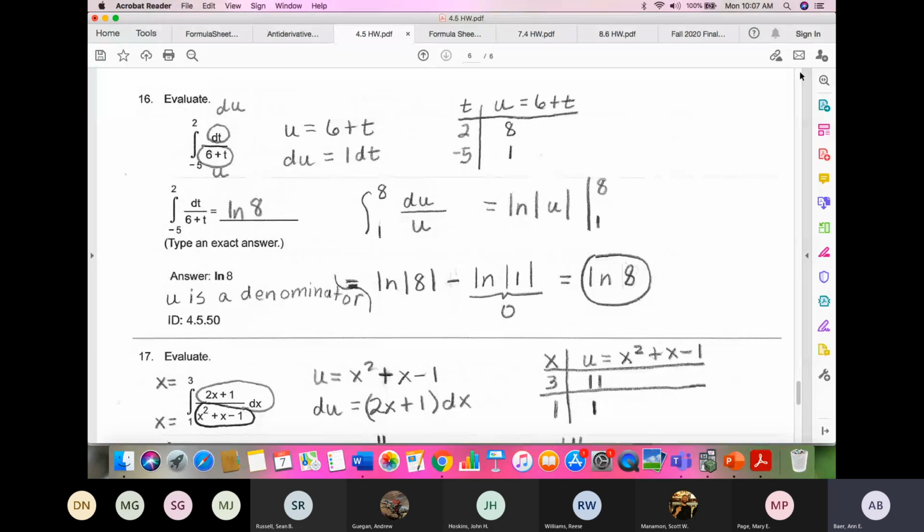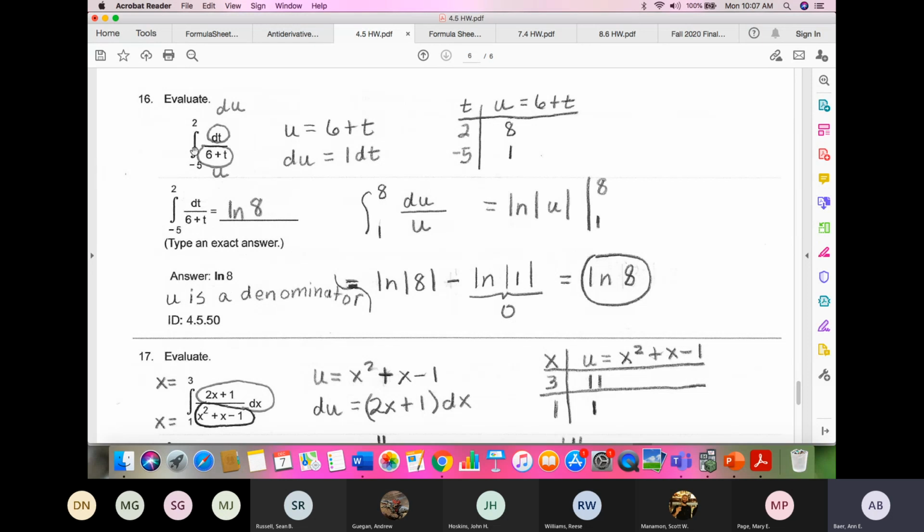Evaluate. And since you have your limits of integration, we're talking about an area. So the answer is going to be a number. And I'm glad we're doing one of these because I think we've only done one denominator problem so far. So this is a good one.